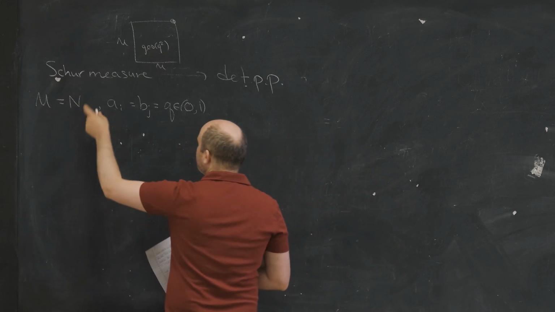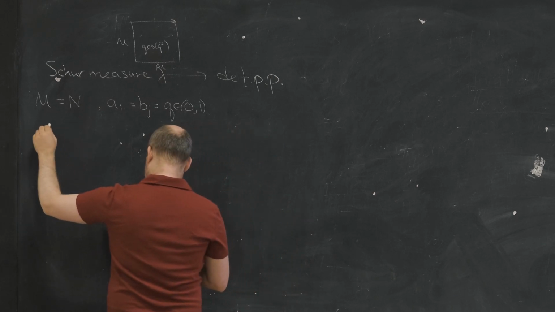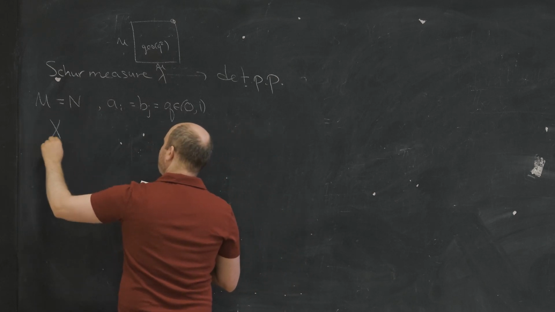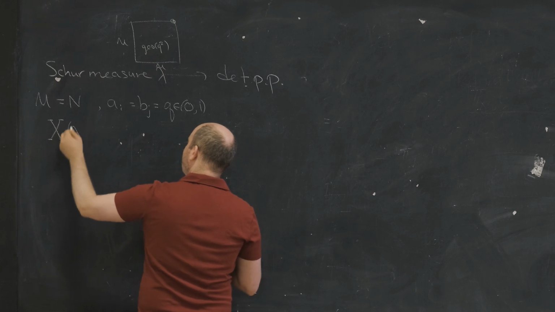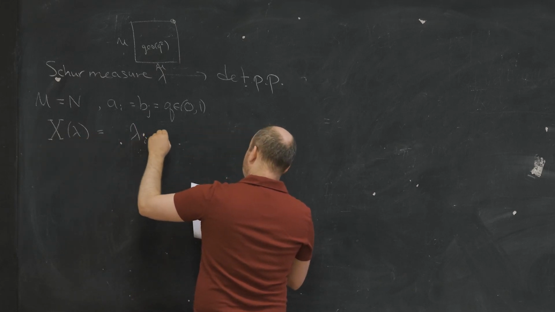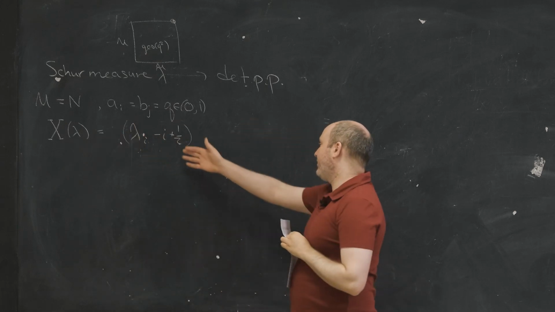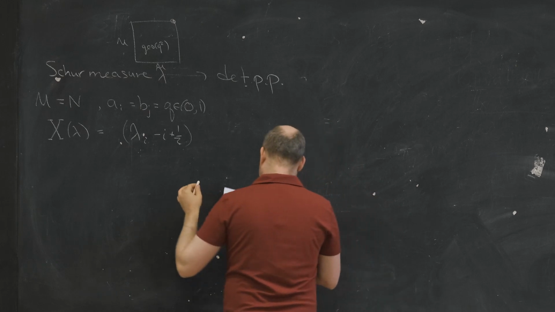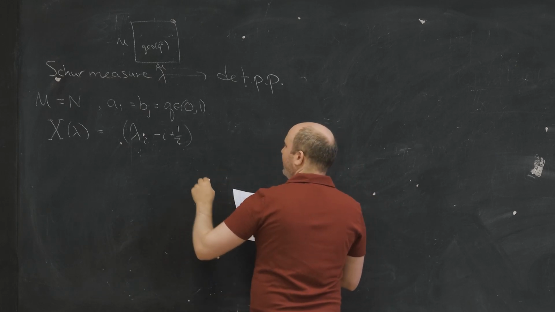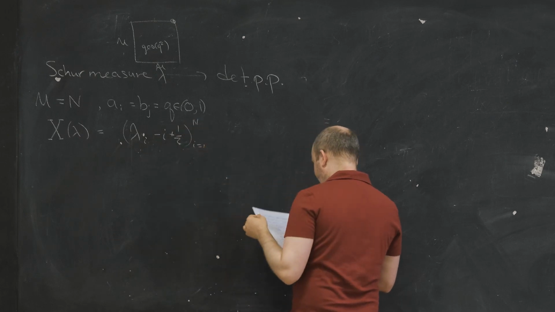And so the Schur measure, which is a measure on partitions lambda, I write in terms of these coordinates, which I'll denote lambda_i minus i plus a half. The half is kind of inconsequential. It just simplifies formulas slightly. So this is i equals 1 to n.